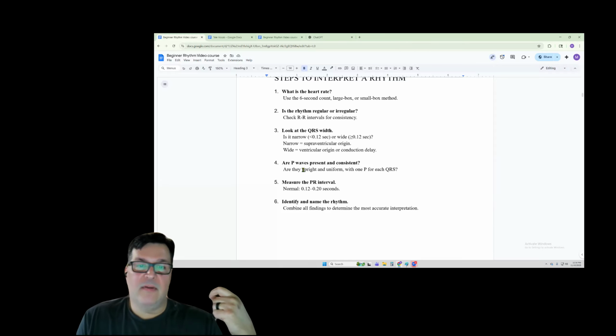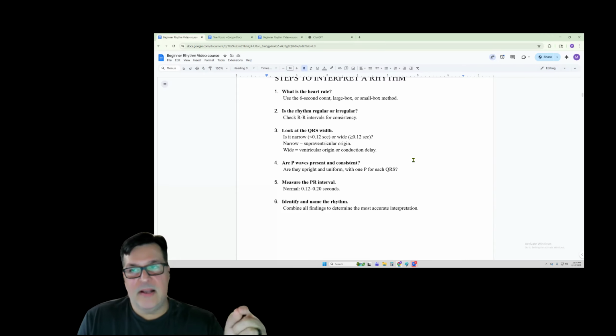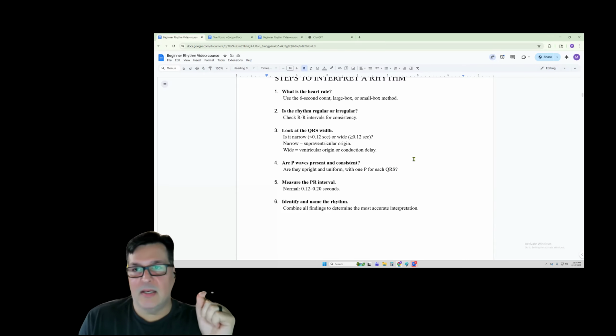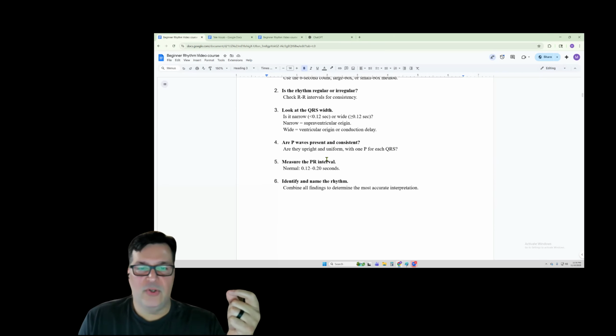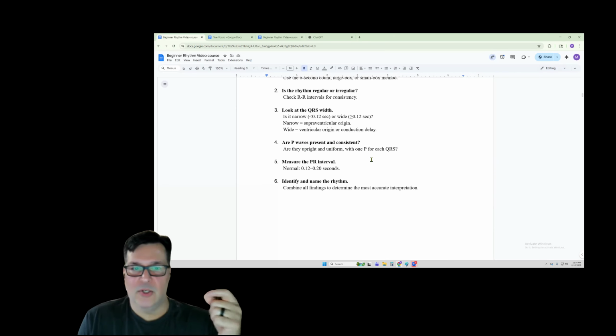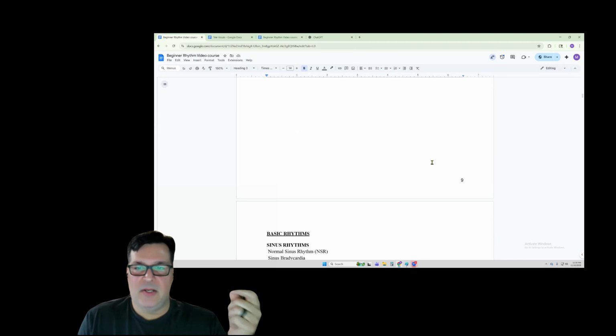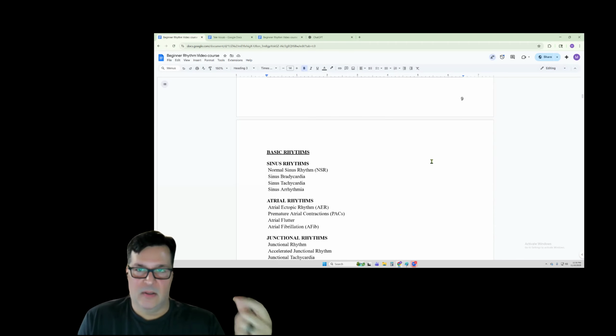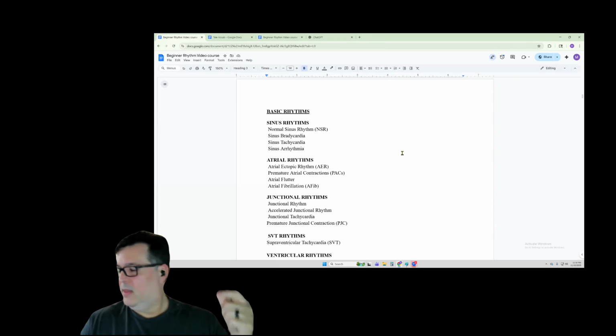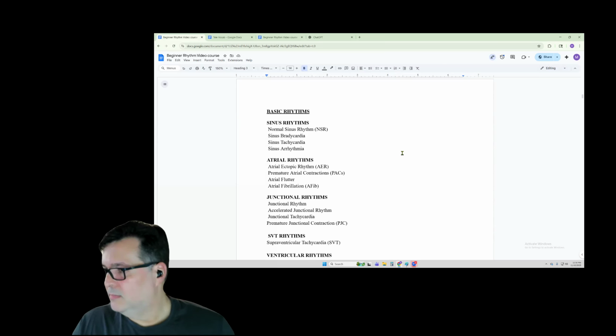And is that P wave consistently in the same place before that QRS? It doesn't have to be within normal limits, but is it consistently in the same place before every QRS? And then is the shape of that P wave consistently the same? Then, of course, you can measure the P interval. Is it long or short? So whatever you need to do to that mental checklist, it just goes through and helps you figure out what a rhythm is.